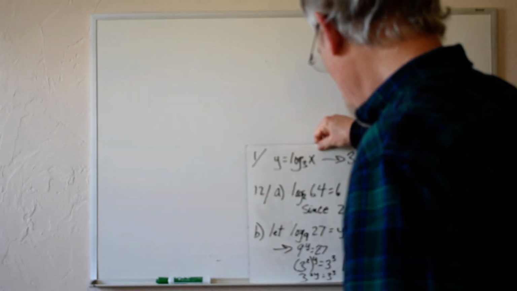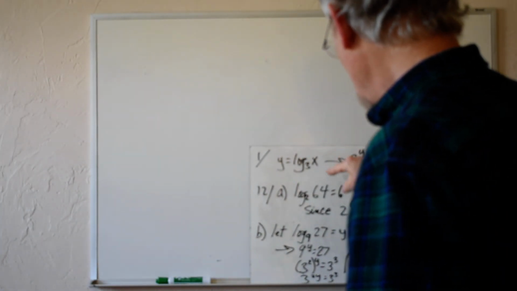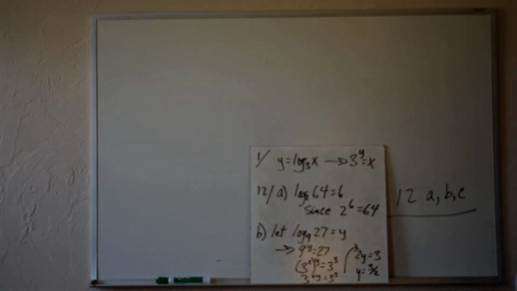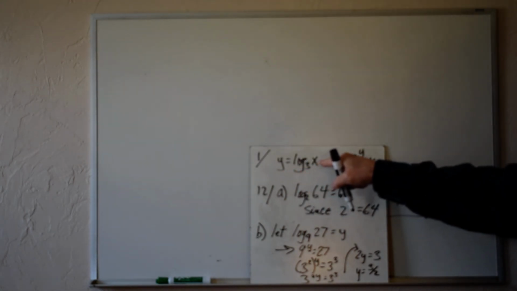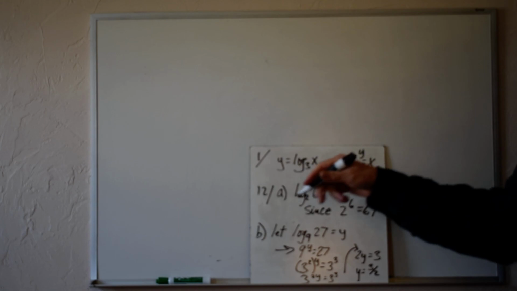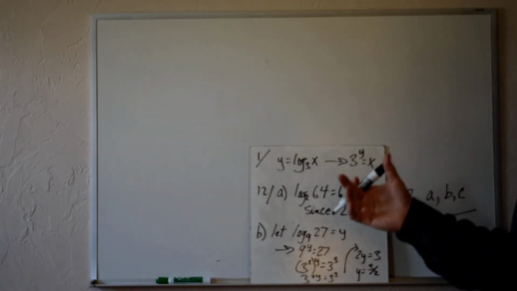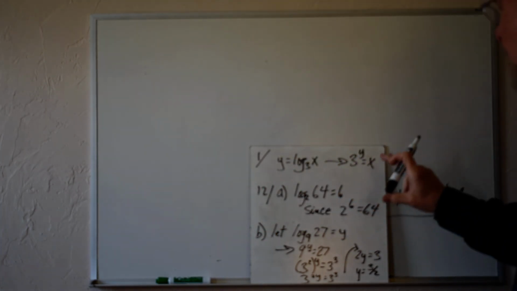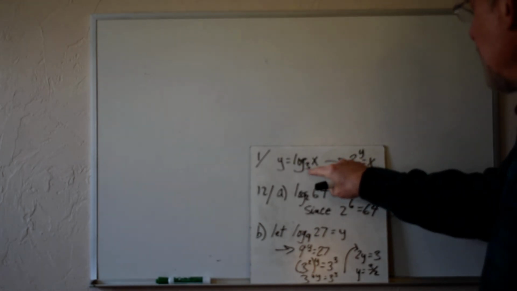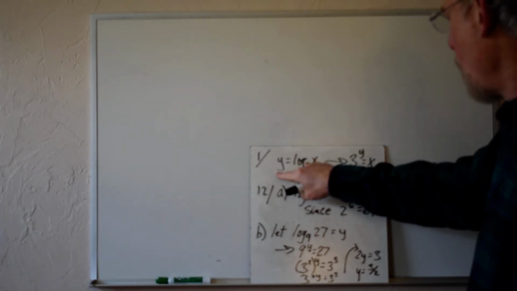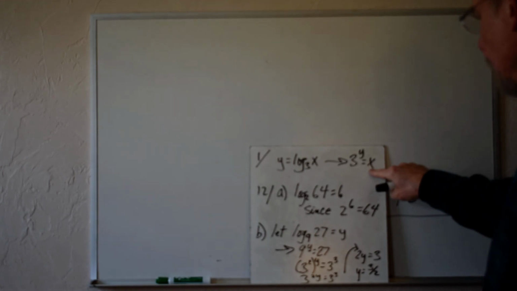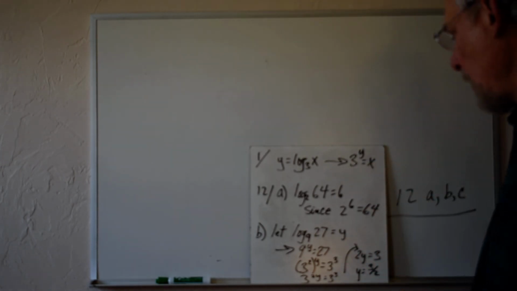In number 1, you are asked to take y equals the log of x base 3 and write the equivalent equation in exponential form. So this says that 3 to the power y equals x. So that's the answer in number 1.